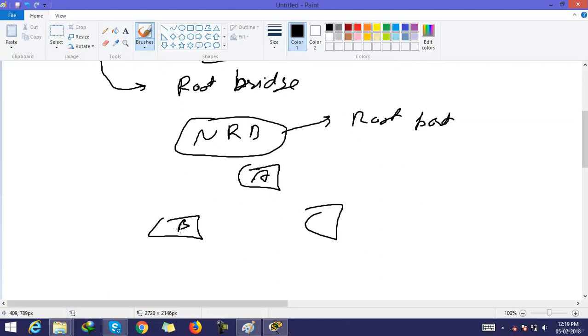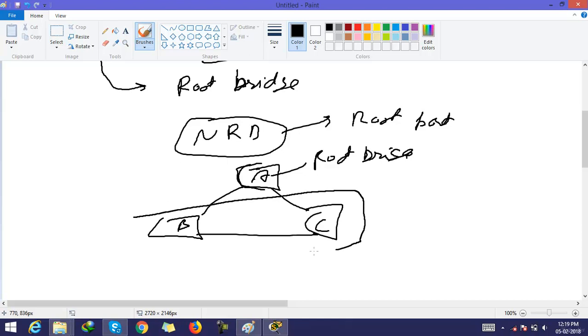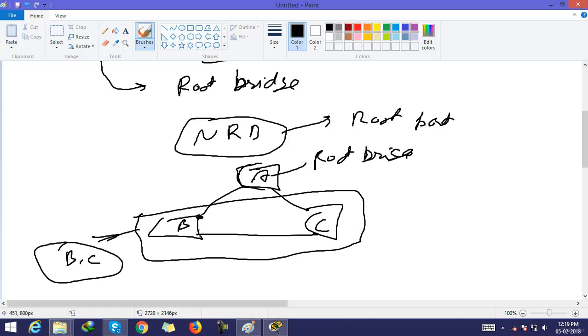Basically, if the scenario is like this: this is switch A, this is switch B, and this is switch C, and for example this switch becomes the root bridge. Every other non-root bridge, like B and C in this scenario, elects a port on itself as a root port. A root port is a port that has the lowest cost or the best path to reach the root bridge.